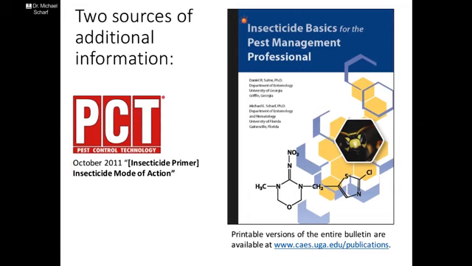And then also on the right here, Dan Suter and I published a little bulletin on insecticide basics for the pest management professional, which is available online and also at the University of Georgia at this web address shown here at the bottom. So even if you can't follow every specific detail of what I'm presenting here today, you have these other sources that you can go back to. And I'll bring these up again at the end if you can't quite get all the information at this time.